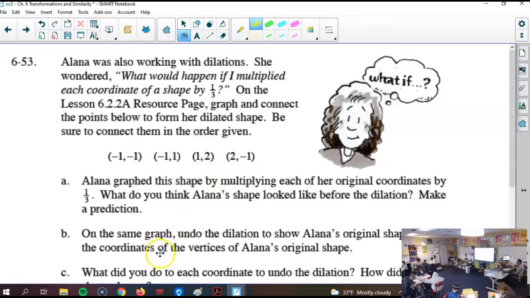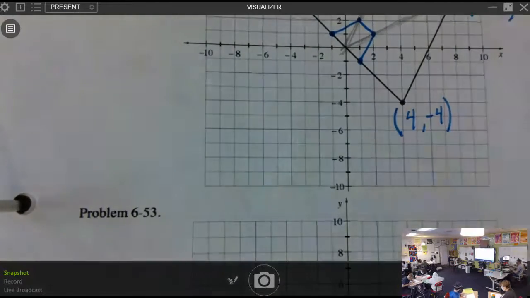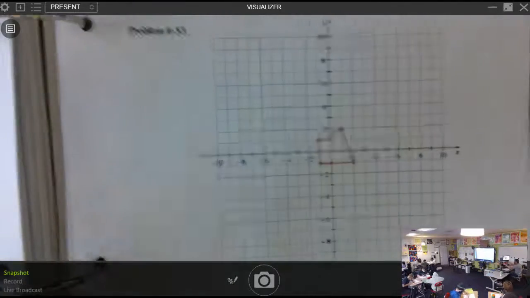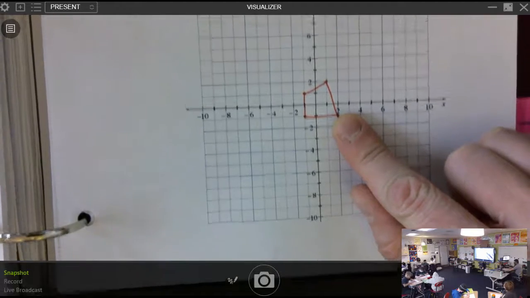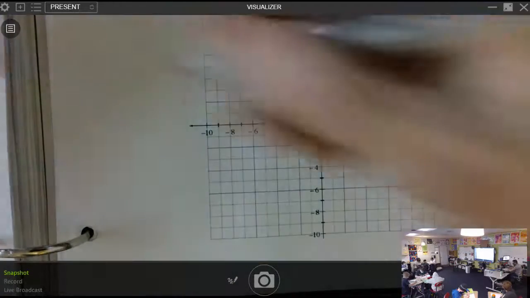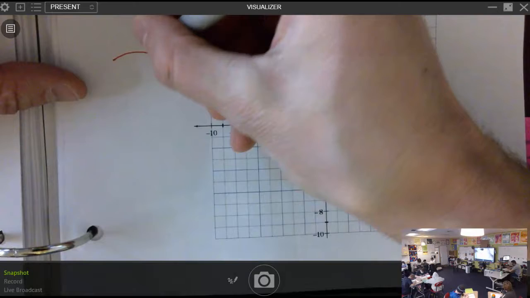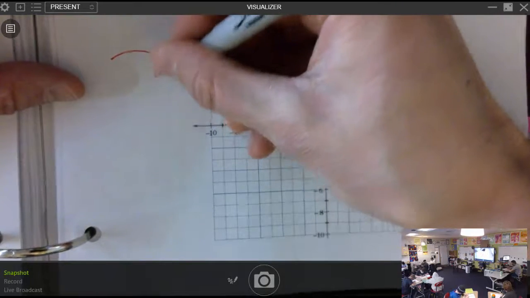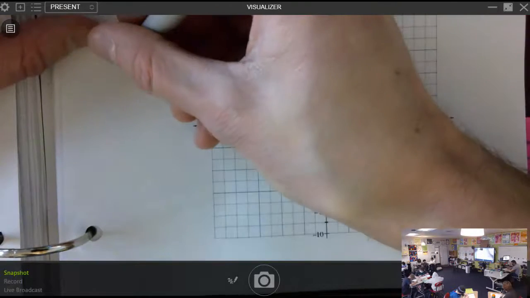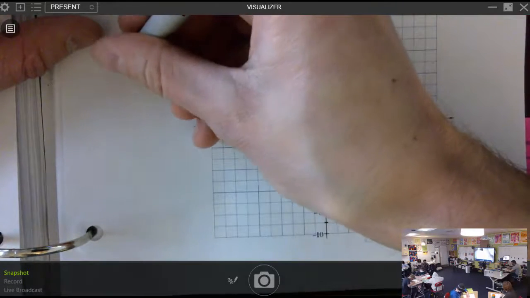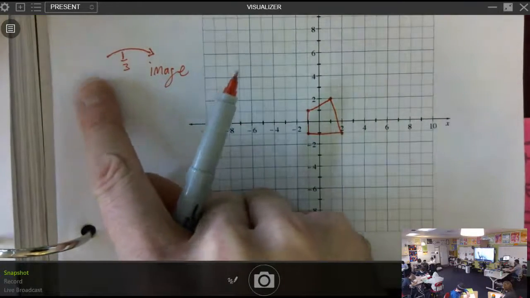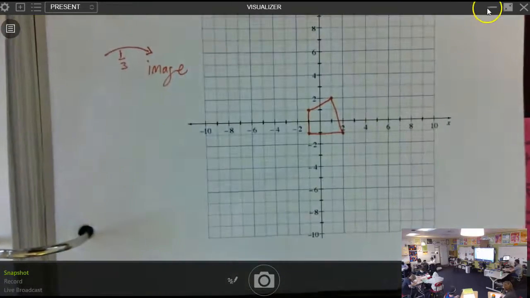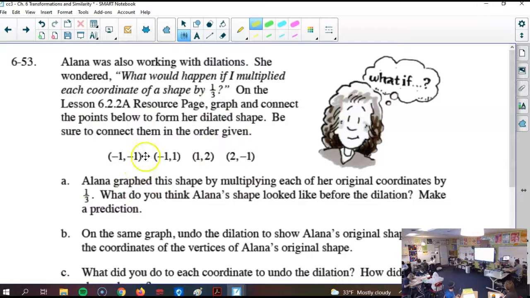Guys, we talked about this the other day, this is really silly, but this is what we would call the image. We're trying to work our way back to the pre-image. From the pre-image to the image, it tells us we applied a dilation scale factor of 1/3. We're trying to get back to before we dilated.